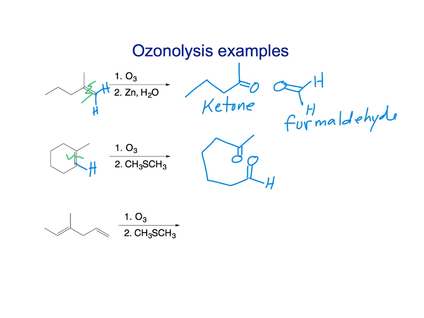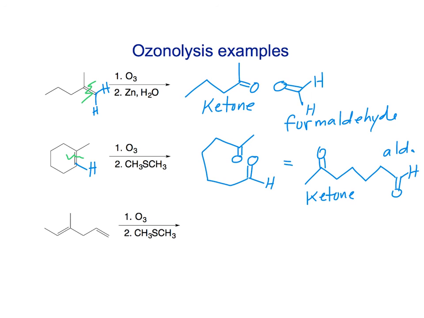So we've opened up the ring, and we now have, so this would be like this. 6, 7 it should be, right? And this. So we get a ketone and an aldehyde.